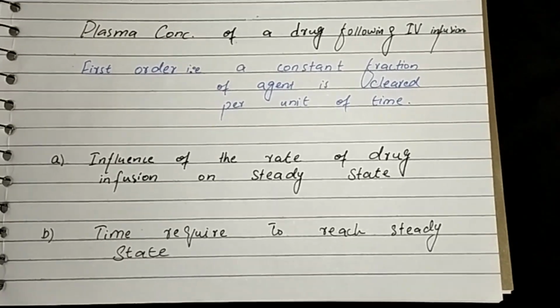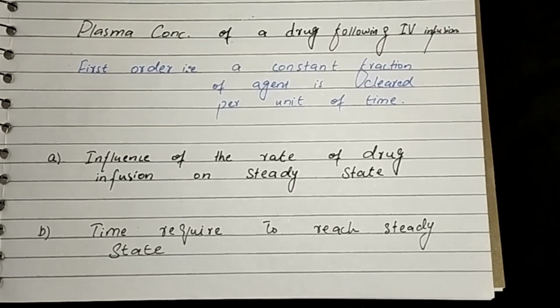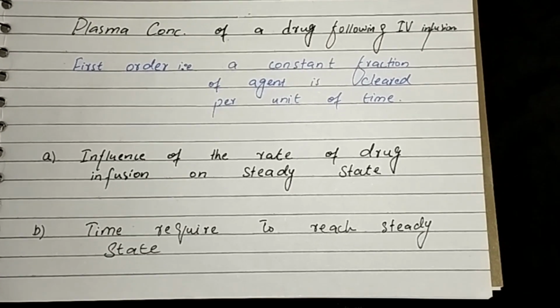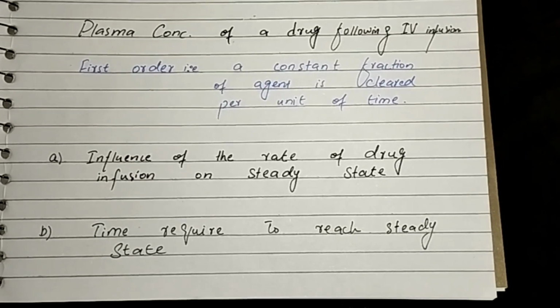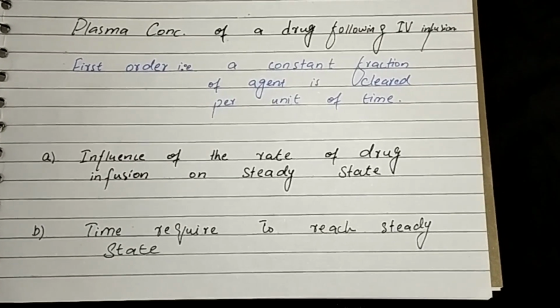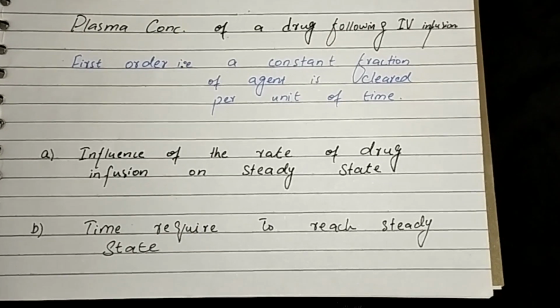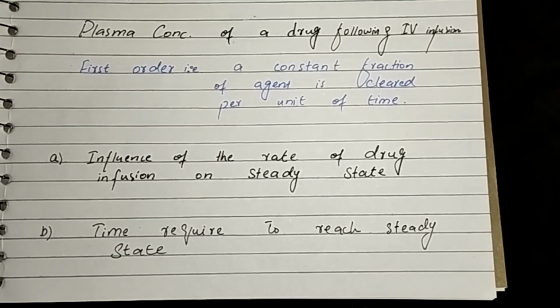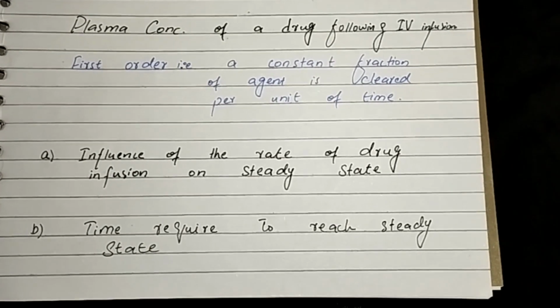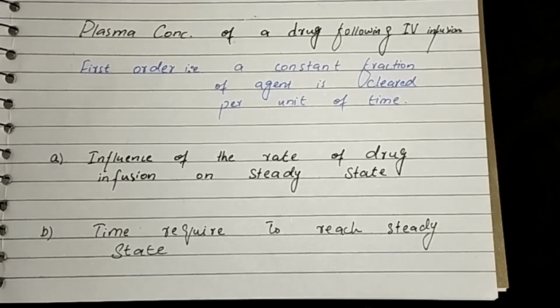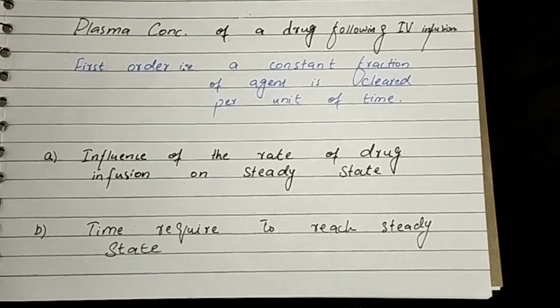Therefore, the rate of drug exit from the body increases proportionately as the plasma concentration increases. Following the initiation of an IV infusion, the plasma concentration of the drug rises until the rate of drug eliminated from the body precisely balances the input rate. Thus, a steady state is achieved in which the plasma concentration of the drug remains constant.